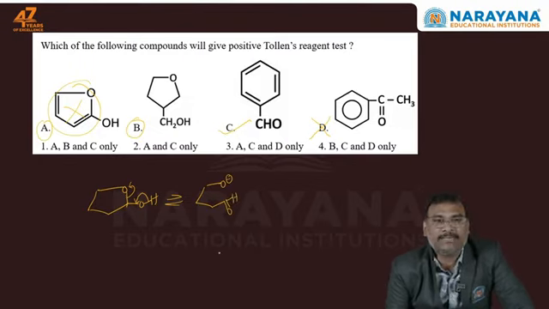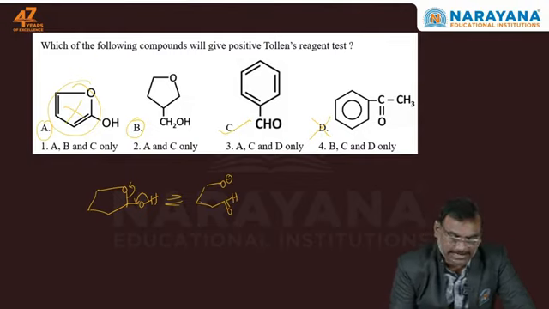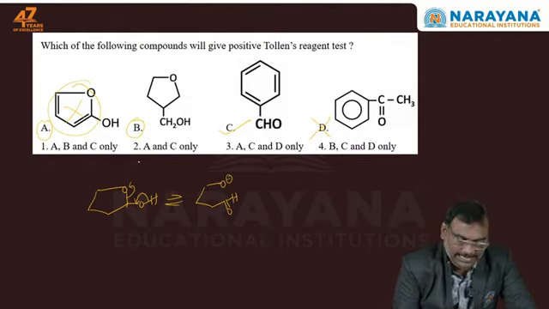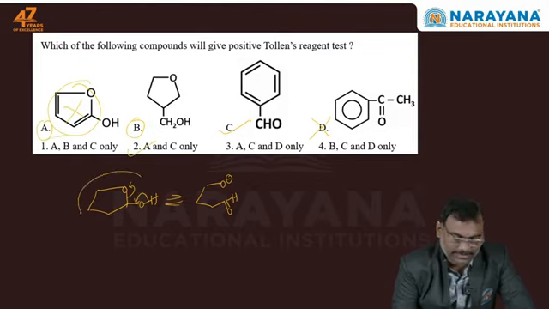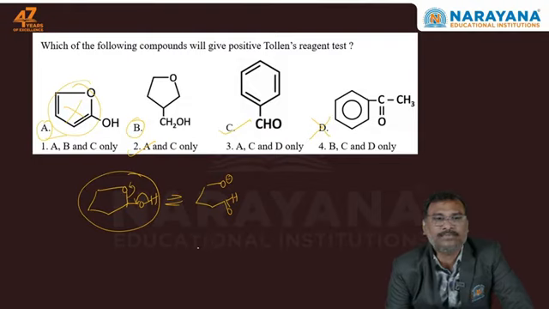Therefore, the cyclic hemiacetal can also give a positive Tollens test. Therefore, options A and C are correct for the given question. So A and C is the correct answer, students.